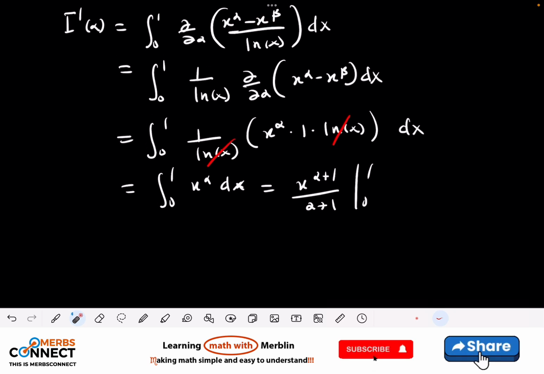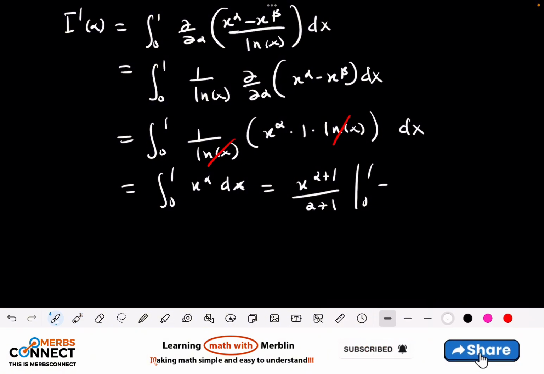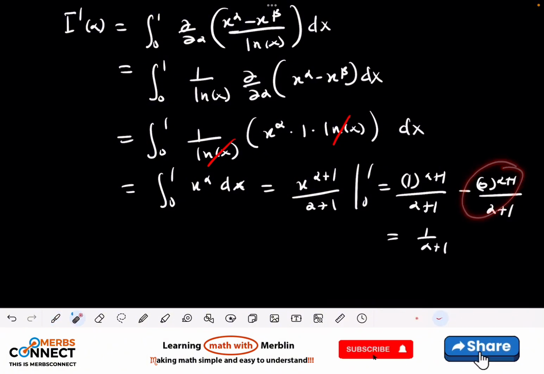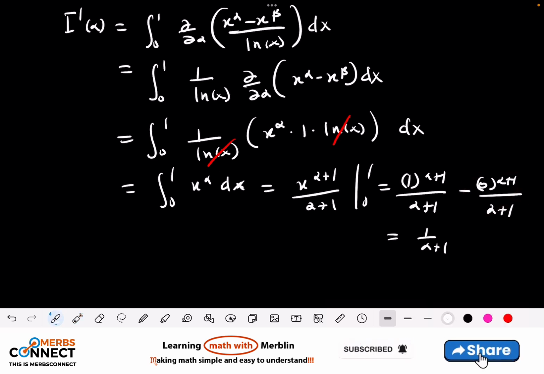So this is going to be 1 to the power alpha plus 1 divided by alpha plus 1, minus 0 to the power alpha plus 1 divided by alpha plus 1. And this is going to give us 1 over alpha plus 1, and the other side will go to 0. So it means that I prime of alpha is equal to 1 over alpha plus 1.